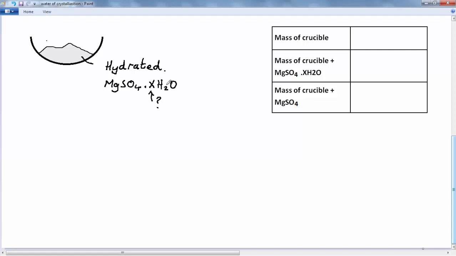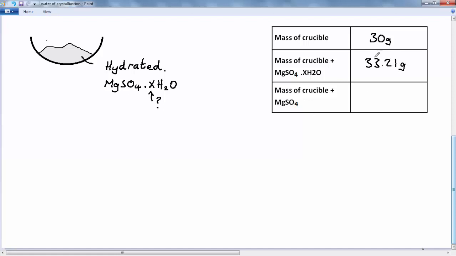That's to say, the number of water molecules of crystallization that are present. So you'd be given information like this. You might be told that the mass of the crucible is, say, 30 grams, and that the mass of the crucible plus the hydrated magnesium sulfate is 33.21 grams.